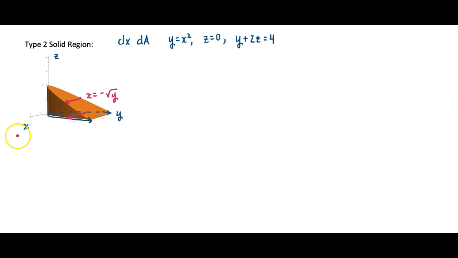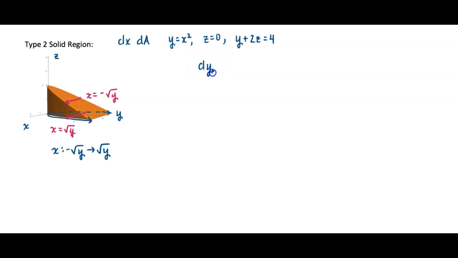Over here, my x value is positive, so this is going to be x equals positive square root of y. This gives me those x bounds of negative root y to positive root y.